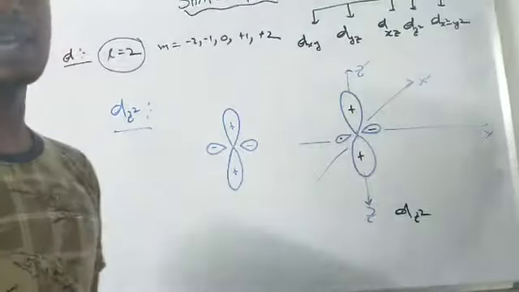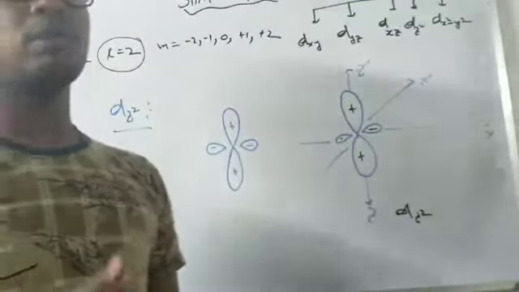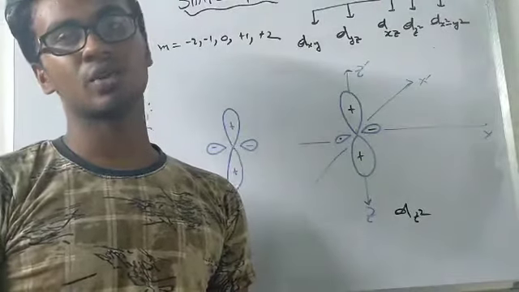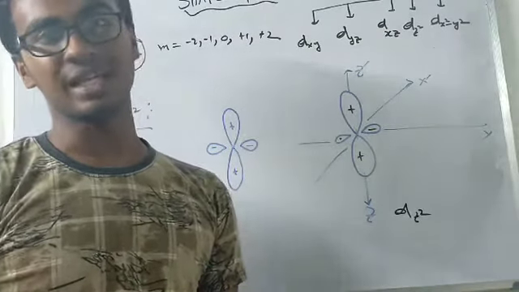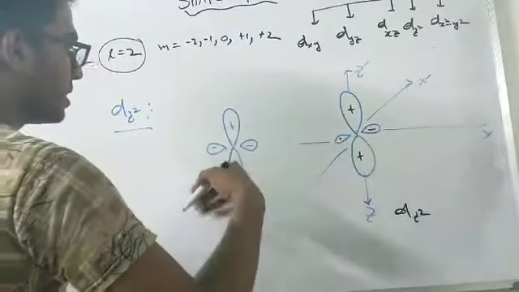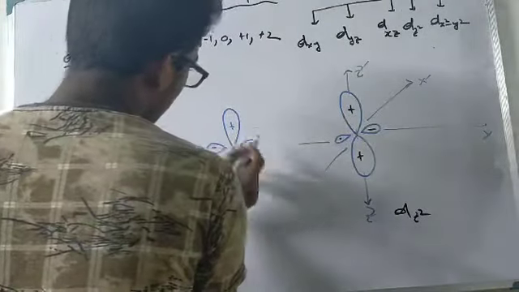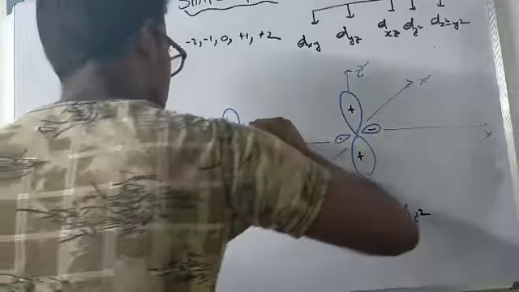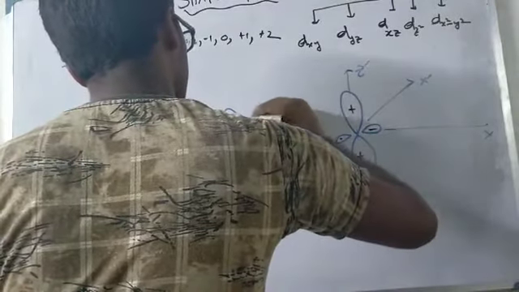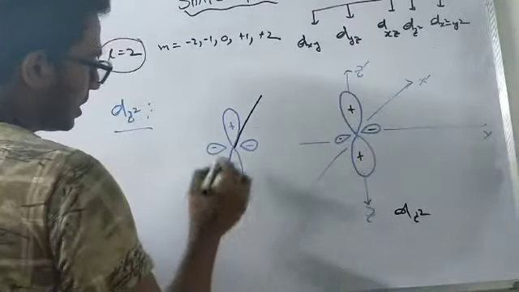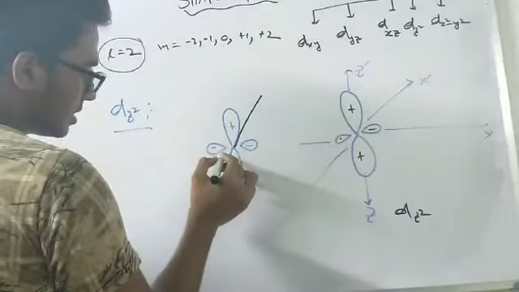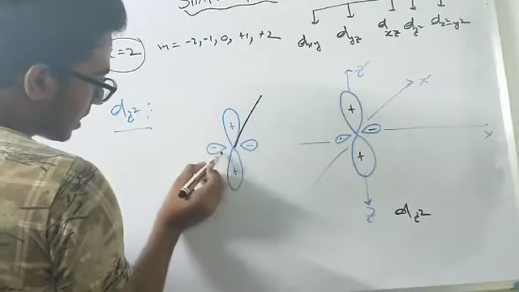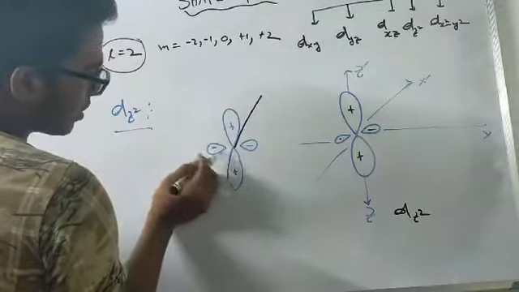Now in the previous case we said that when I cross a nodal plane, my sign should be changed. So in this situation, when I am passing from here to here, my sign changes from plus to minus. So here I should get a nodal plane, and in this direction if I go from here to here, I am also getting the phase of the orbitals changed.